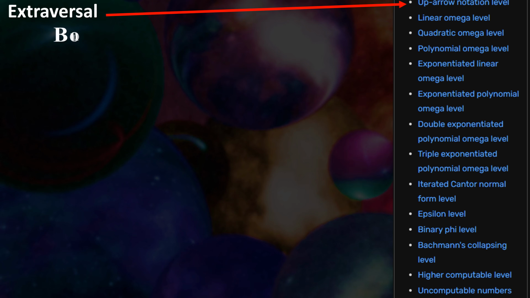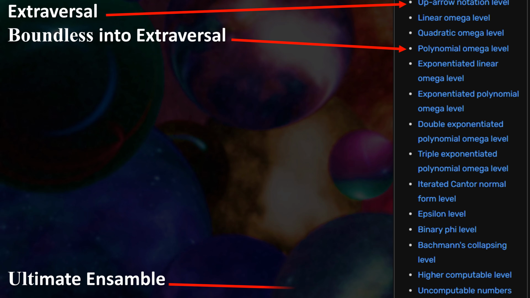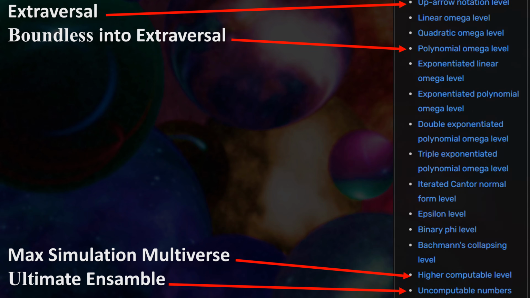The mixed tier of boundless into extraversal is actually 3 levels better, reaching the polynomial omega level. The ultimate ensemblement, to no surprise, is right at the bottom with the uncomputable numbers. And then, as you may suspect, the simulation multiverse will be at the higher computable level.